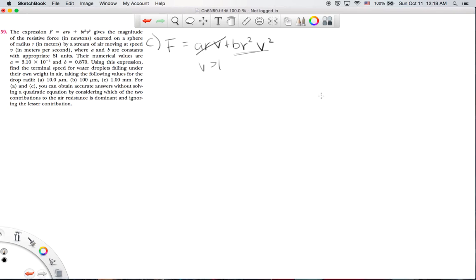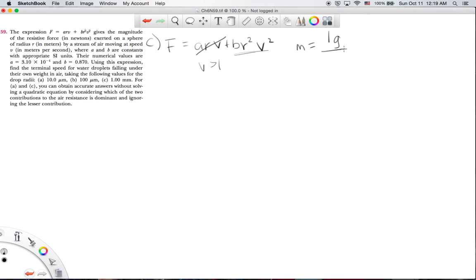Also, the radius is larger, so the velocity is faster because the mass is going to be greater. Actually, yeah. So we'll find the mass of a 1 millimeter raindrop.